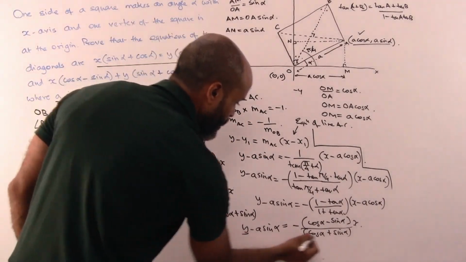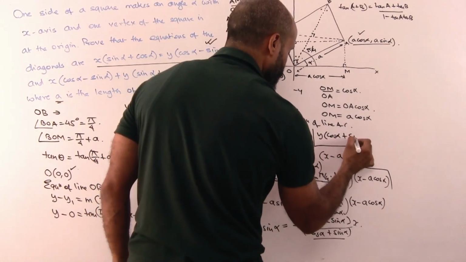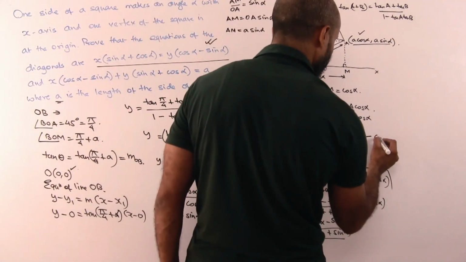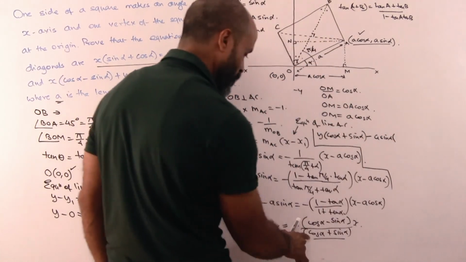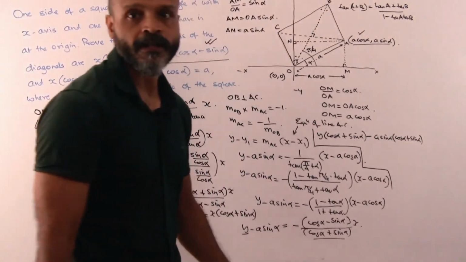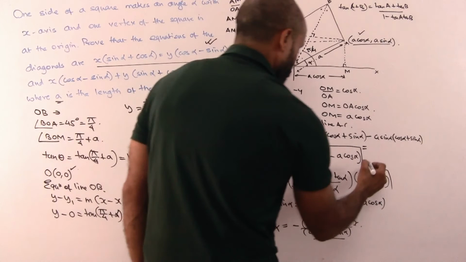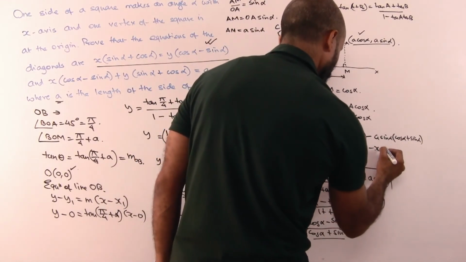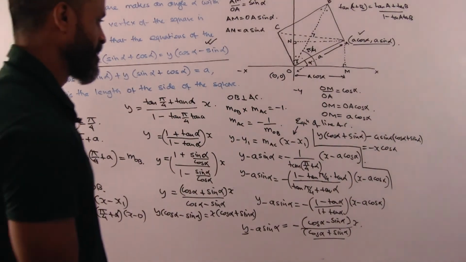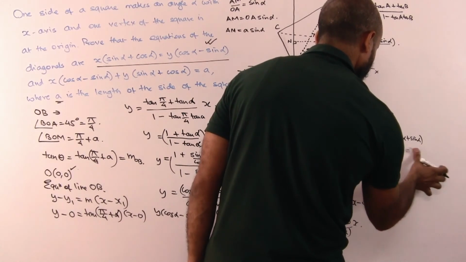This y gets multiplied by this, so y into cos alpha plus sin alpha minus a sin alpha into cos alpha plus sin alpha. Okay, this will be equal to minus x cos alpha minus sin alpha.